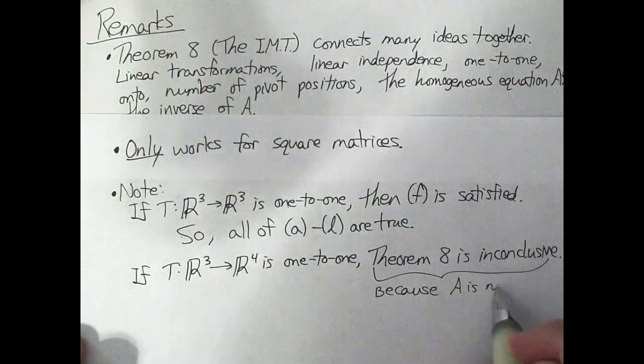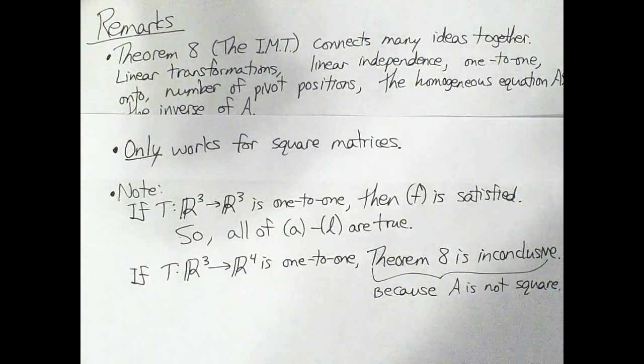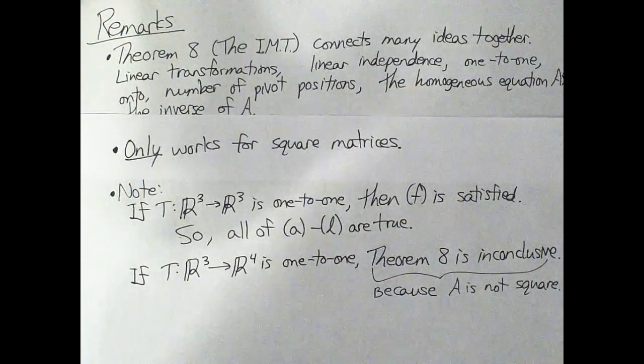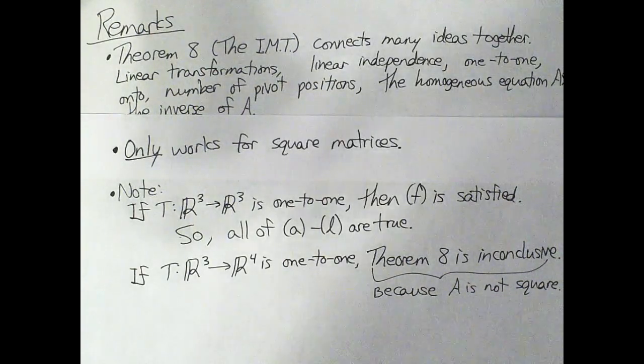A is not square, so we don't know. Pick one of the items, like how many pivot positions it has, or whether the columns span Rn. Some of those things might be true, some might be false. We can't conclude anything directly from the IMT. The IMT is only for square matrices. It doesn't say anything one way or the other for this case.